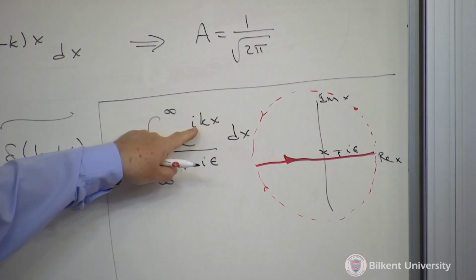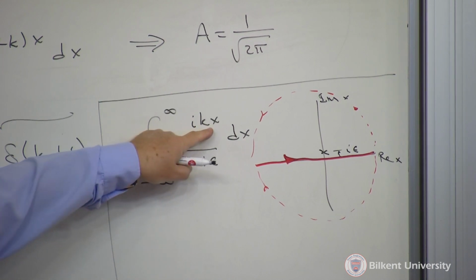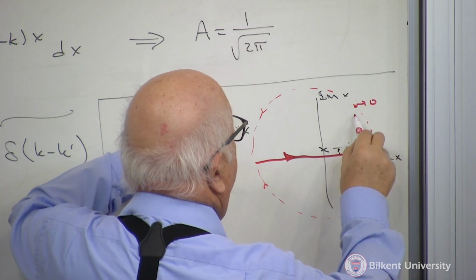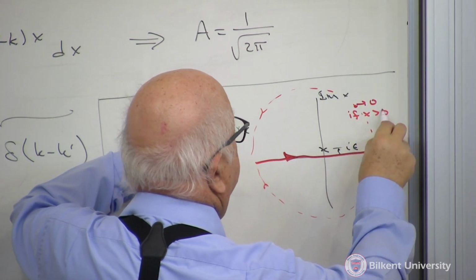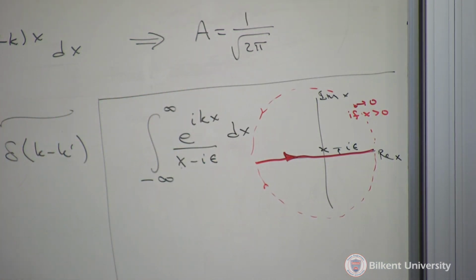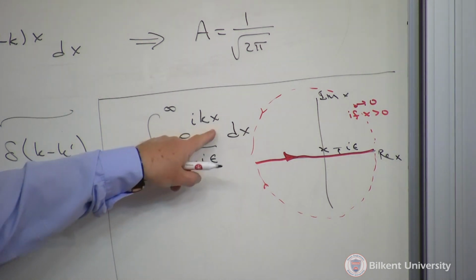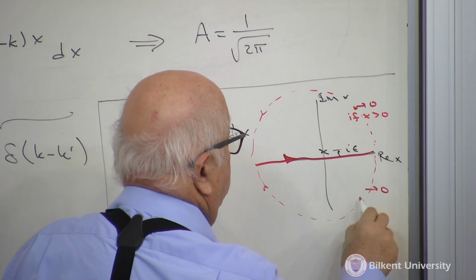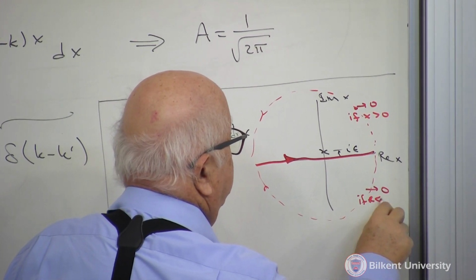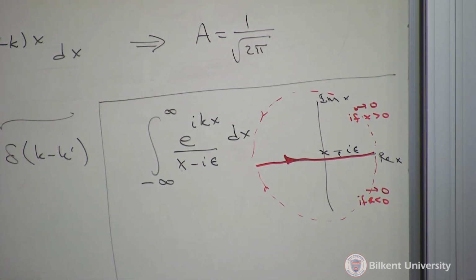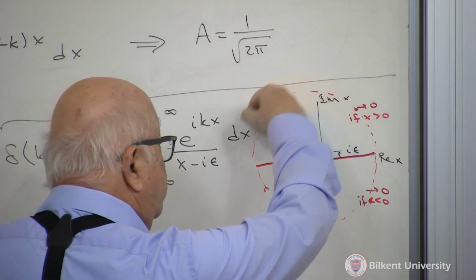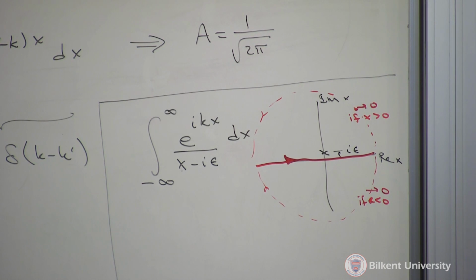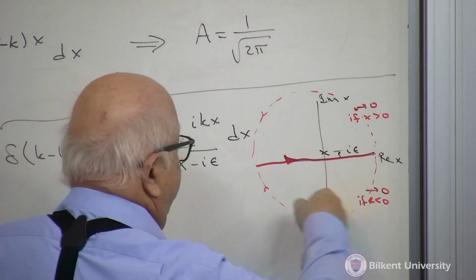Multiplied by i, it's going to be a minus very large number. So on this part of the loop, this goes to 0 if k is greater than 0. But if k is less than 0, then it's the opposite, and this piece goes to 0 if k is less than 0. So you are allowed to complete this into a loop this way if k is greater than 0, this way if k is less than 0.